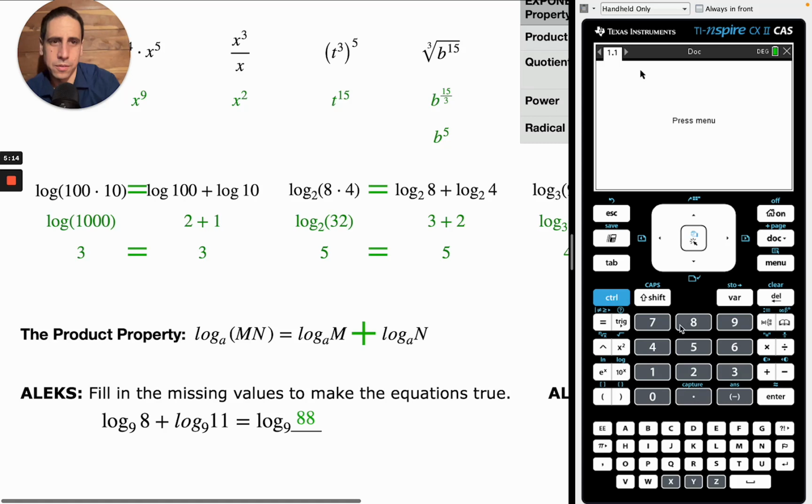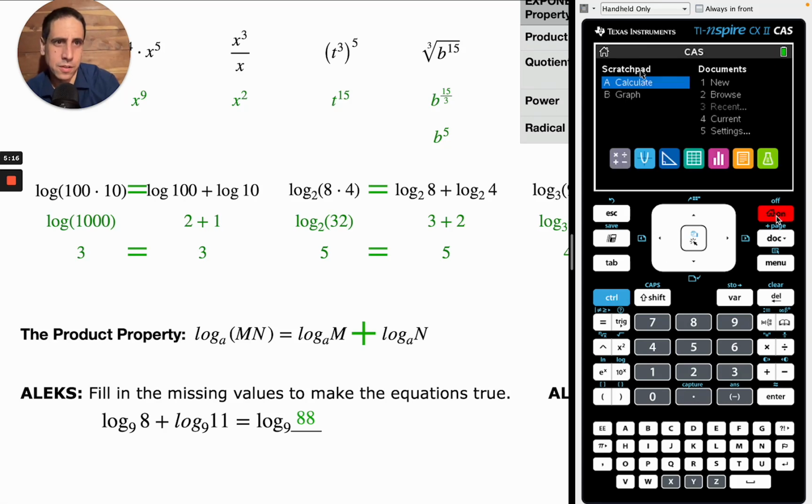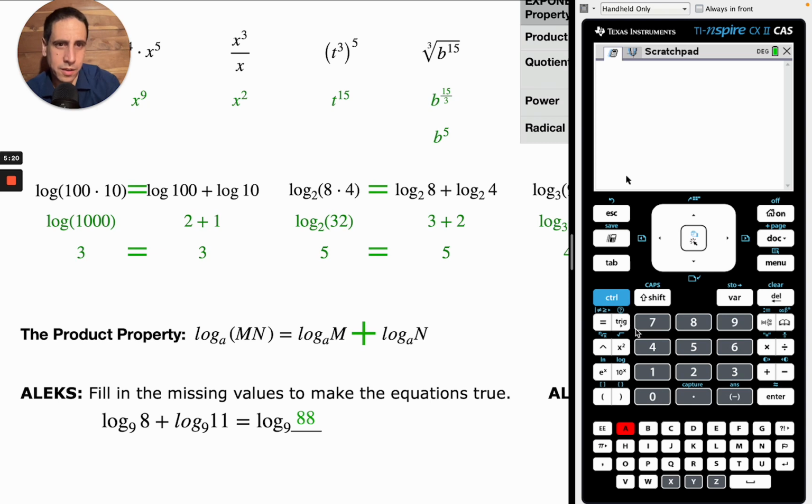I wanted to show you over here, if we wanted to calculate it, we go log base 9 of 8 plus log base 9 of 11.